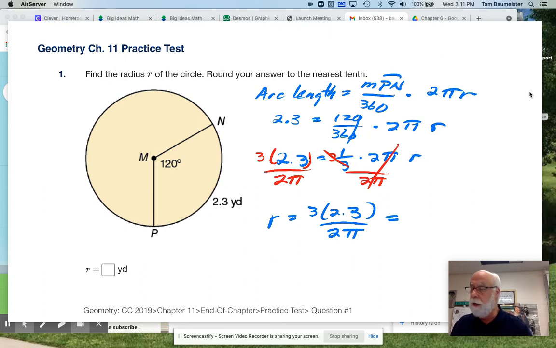Use your pi button. So if you did that, and again, I'm just going to go to 4 decimal places for you so you can see that I have 1.0981. Oh, but wait, what do they want us to do? They want us to go to the nearest tenth. So we would say that is equal to 1.1.